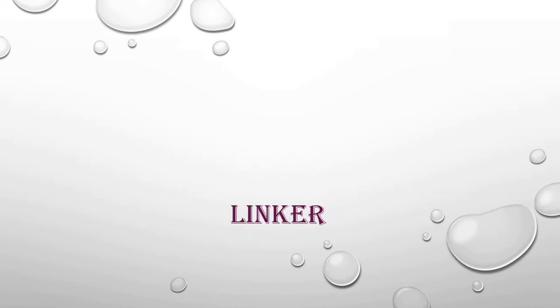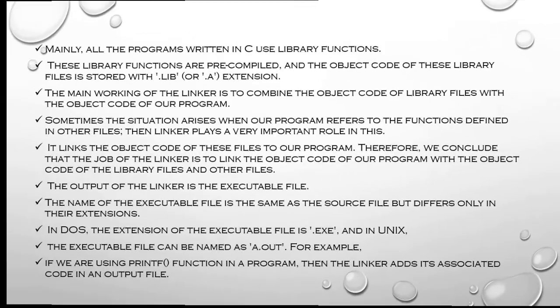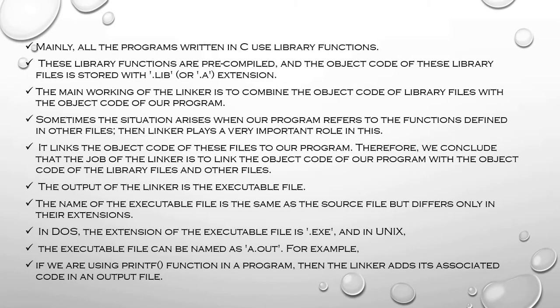Next one is the linker. Mainly, all the programs written in C use library files such as stdio.h, math.h, conio.h, ctype.h and n number of library files which we use to type the C code.